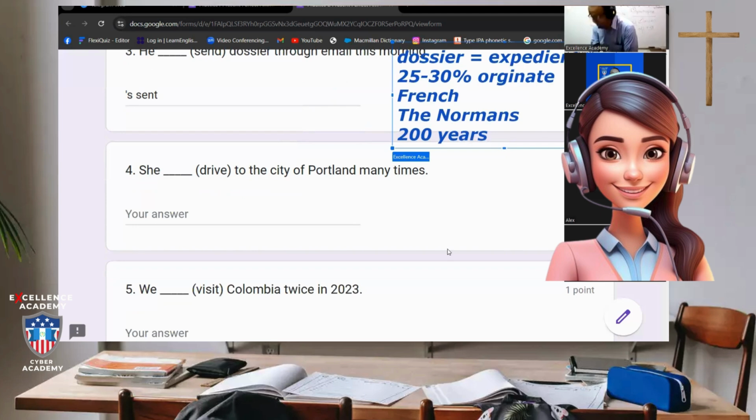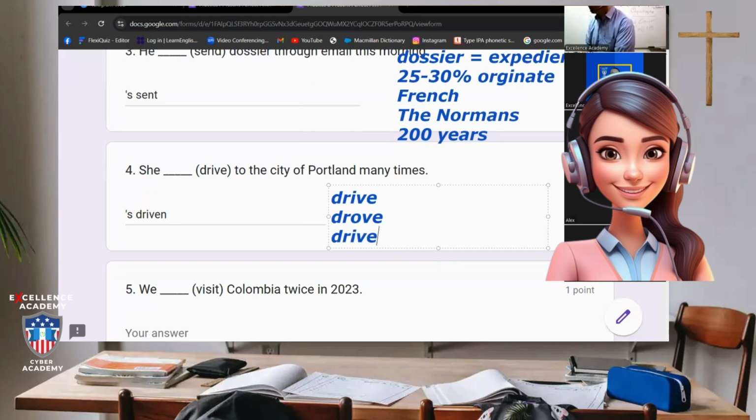She drive to the city of Portland many times. What's the contraction, guys? She's driven. Come on, don't be afraid to say it. Everybody say driven. That's right. So we have drive. What is the past tense of drive? Drove.